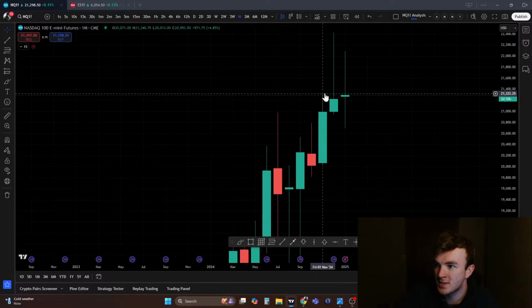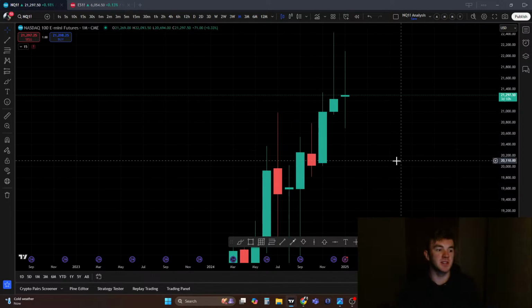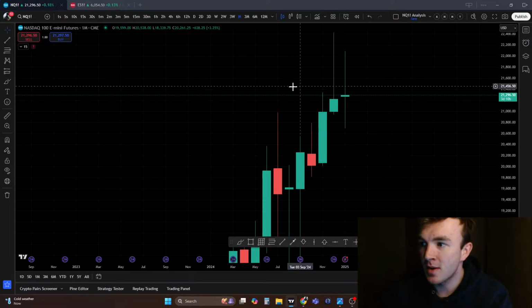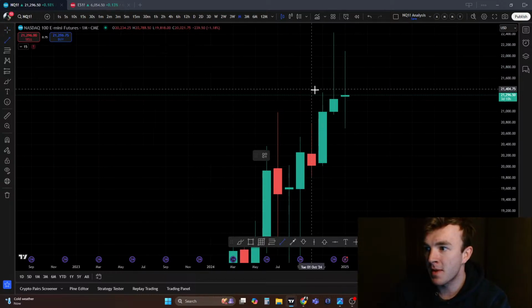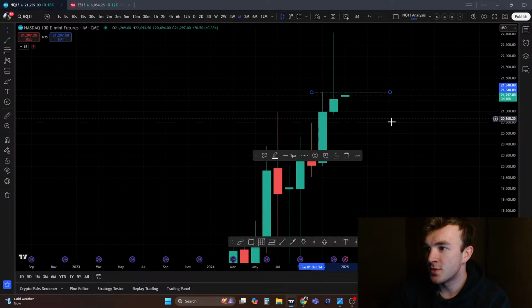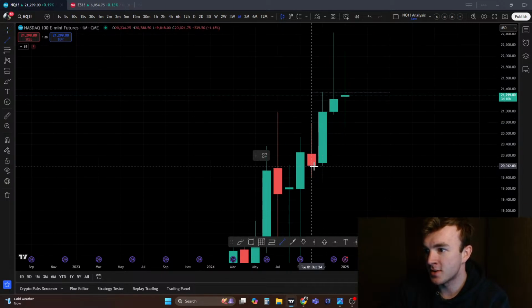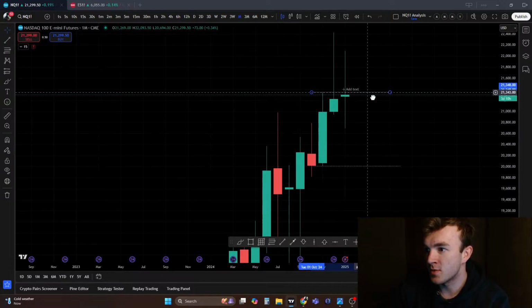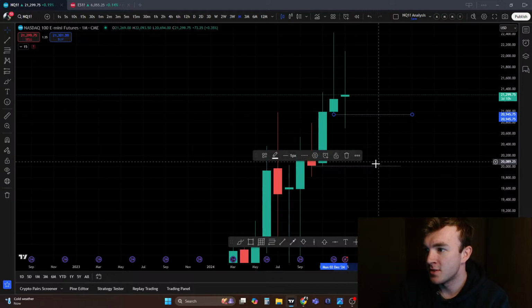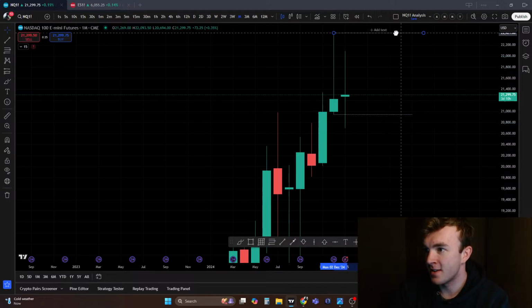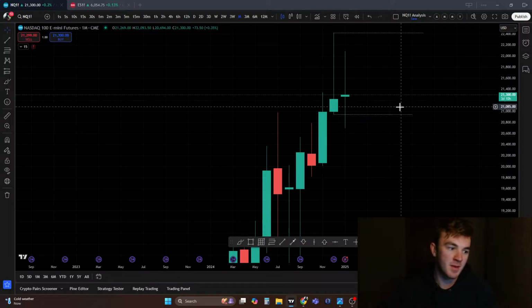Besides that, you could argue this is a monthly CRT in either direction, right? You could say, okay, we swept out this candle's high, so we should go to this low. But then you could also argue, okay, well, we swept out this candle's low, so we should go to this high. Both of them are valid CRTs.